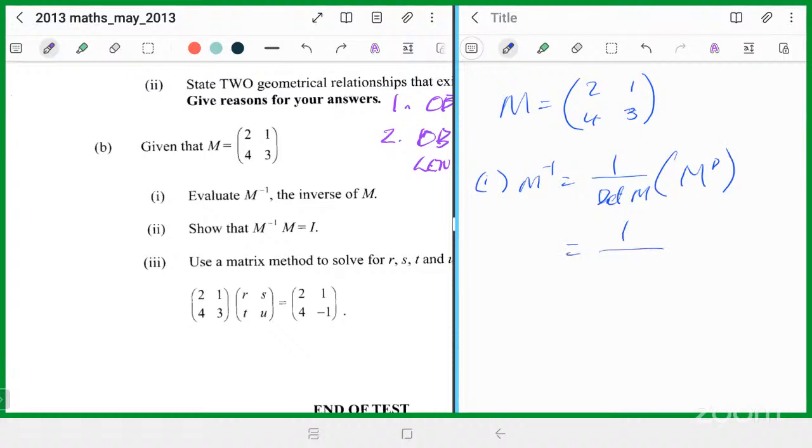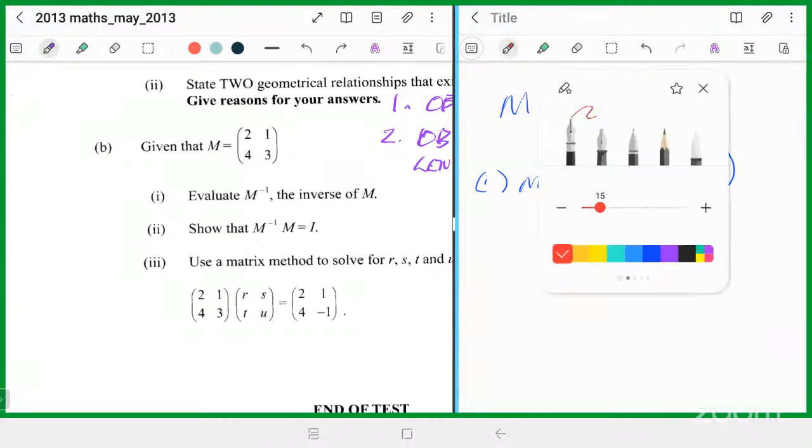The determinant is the first diagonal product minus the second diagonal: 2 times 3 is 6 minus 4 times 1, which is 4. The determinant is just 2.